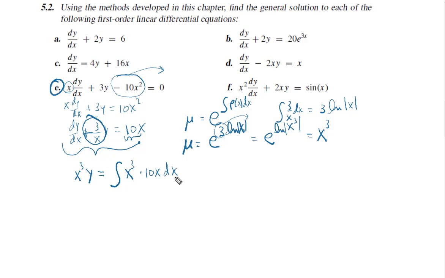Now we need to integrate that. That's the same as 10x to the 4, and the integral of 10x to the 4 would be 10x to the 5 over 5, or 2x to the 5. So we get x cubed y equals 2x to the 5, and our constant of integration.